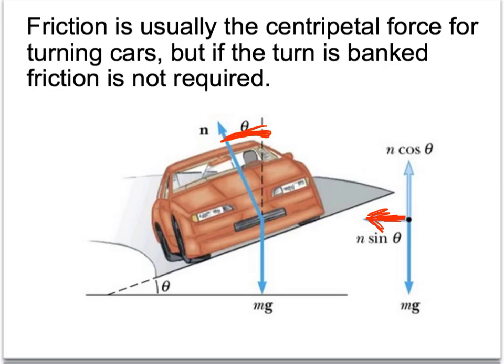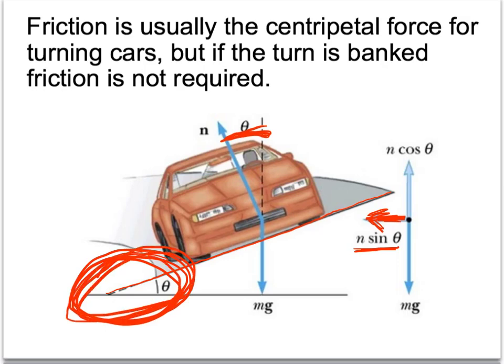And better yet, if theta is the angle of your bank, so how much the road is tilted, then the normal force that gives the centripetal force is N sine theta.